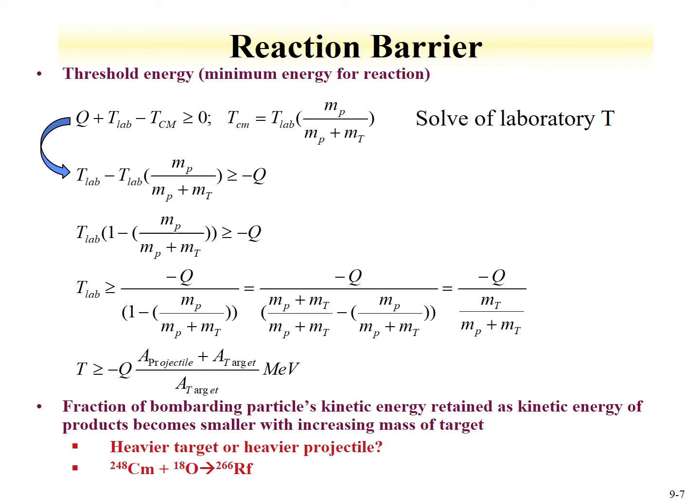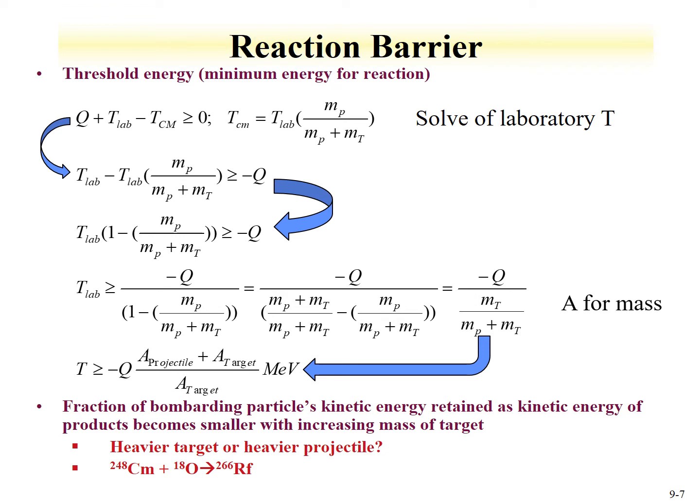We've put the Q value onto the other side of the equation. We take the kinetic energy of the lab term out. Now we can rearrange this equation and solve for what the kinetic energy of the laboratory must be greater than. We get to this equation here. We rearrange. We substitute the mass for A, which is a good, reasonable substitution.